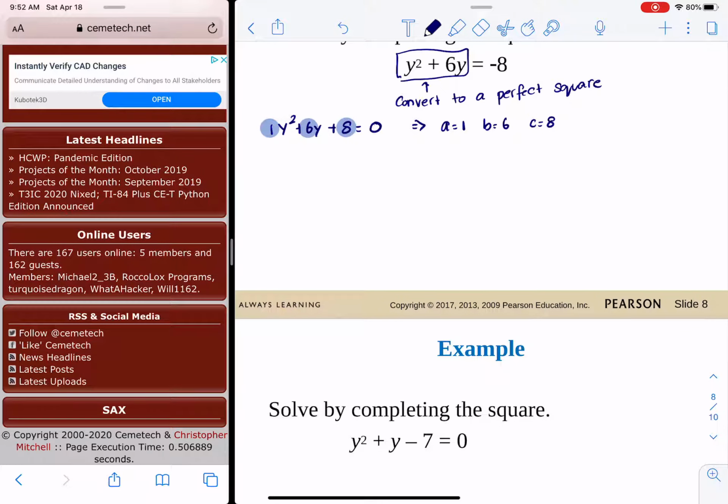And now, how do we complete the square? So the variable is y. I'm going to put a box here. And I'm going to put c minus a box and squared equal to 0.